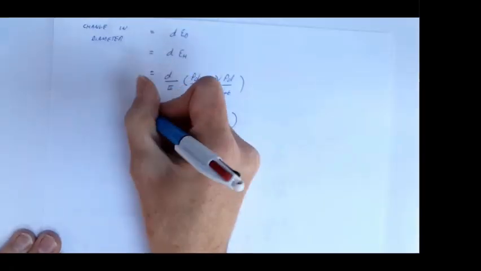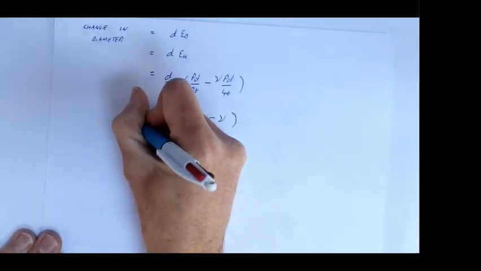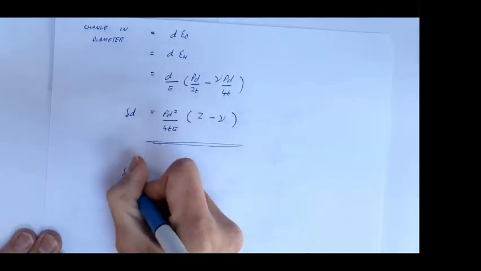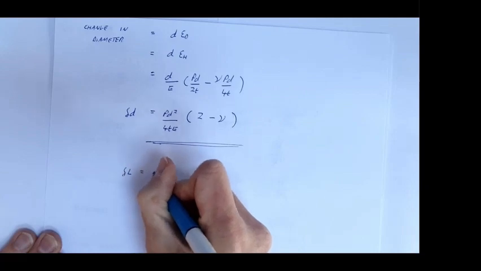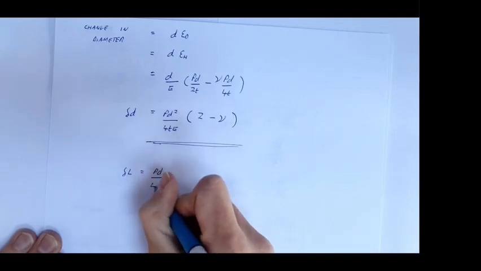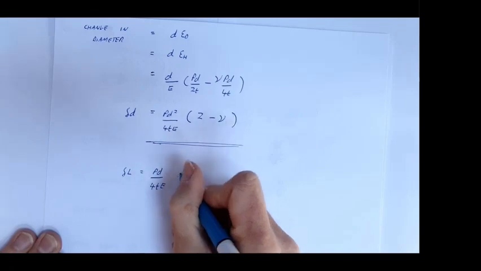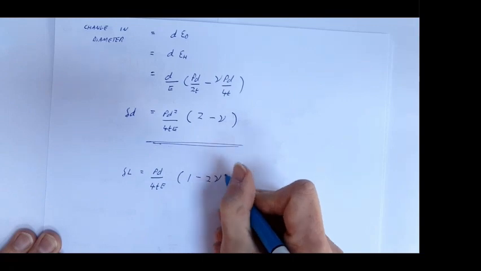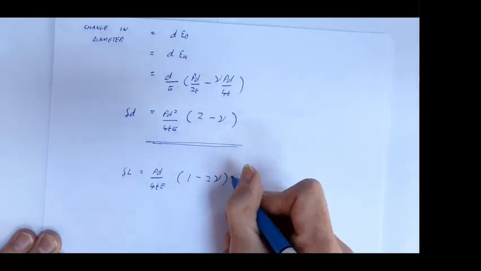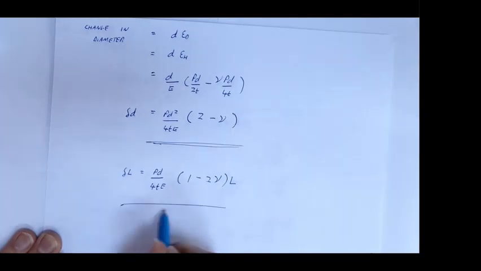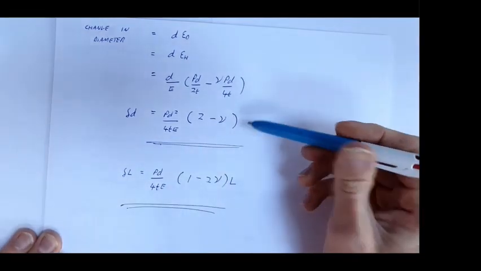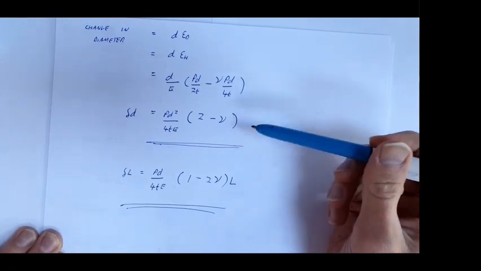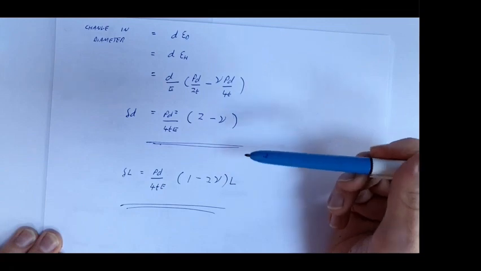So the change in diameter is given by that, and we saw earlier the change in length is equal to PD over 4TE, lots of 1 minus 2 lots of Poisson's ratio times by the original length. So change in diameter, change in length. We know that for our cylinder since we pressurized it. So what we can do now is calculate the change in volume.